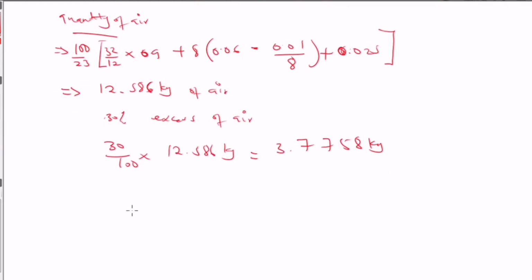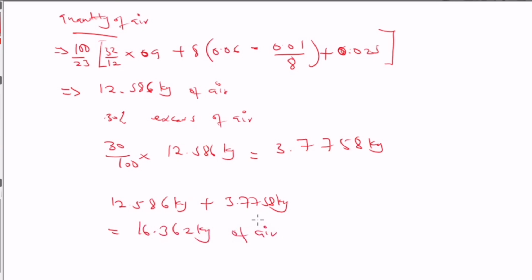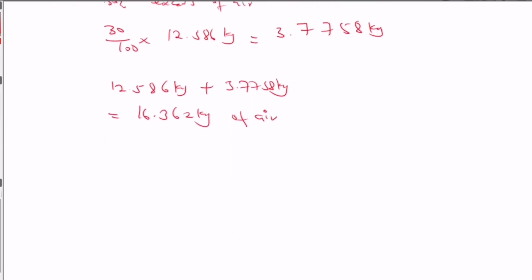So the quantity of air will be 12.586 kilogram plus 3.7758 kilogram of air. So at the end, the answer that we are going to get will be 16.362 kilogram of air. Now let's do the second one, which is the quantity by volume.